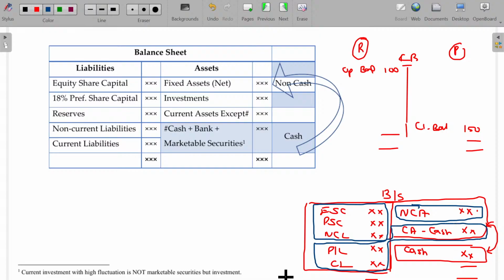Not only that, due to profit earned. Any cash you generated because of this reason is called cash from operation. Is that okay? Debtors converted into cash. So debtors decrease is nothing but receipt of cash. Whenever the current asset decreases, we assume it is converted into cash, the cash balance is increasing. It's a cash from operation item.